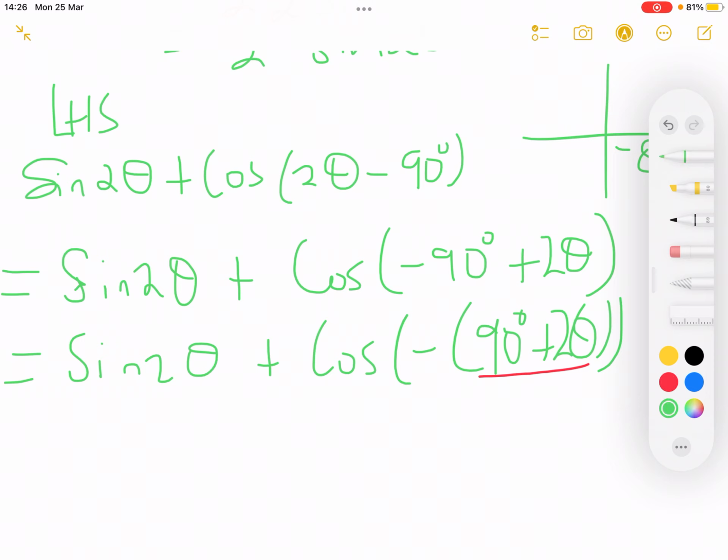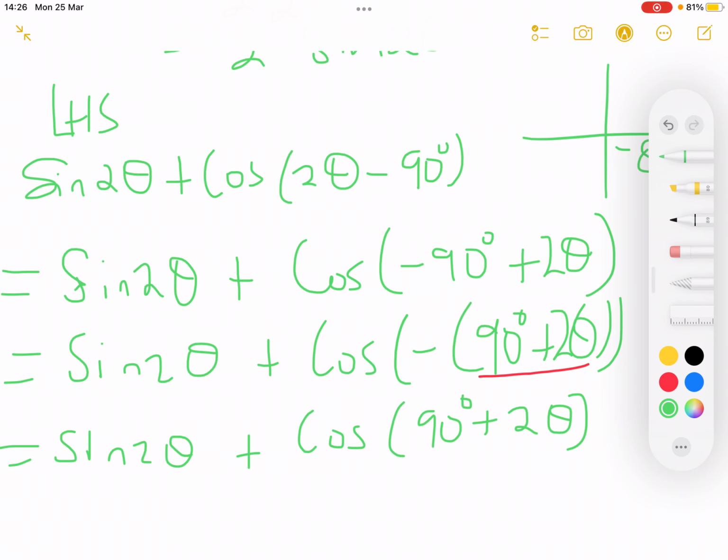We can rewrite this as sine 2 theta plus a positive cos, so already a positive is in place, positive cos of 90 plus 2 theta. Now we need to apply our cofunctions rule. Sine 2 theta plus, now where do we find 90 plus an angle? We find it in the second quadrant.